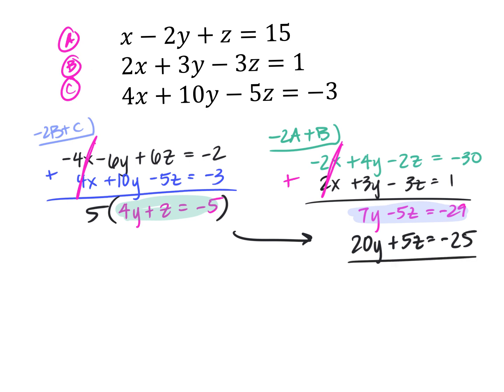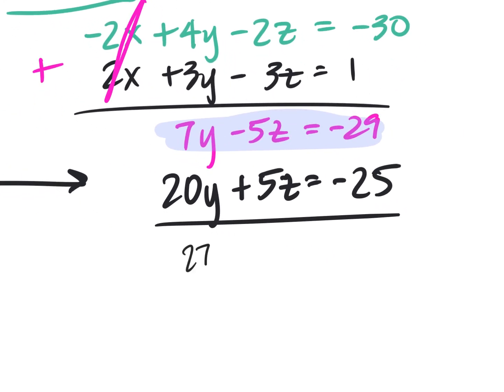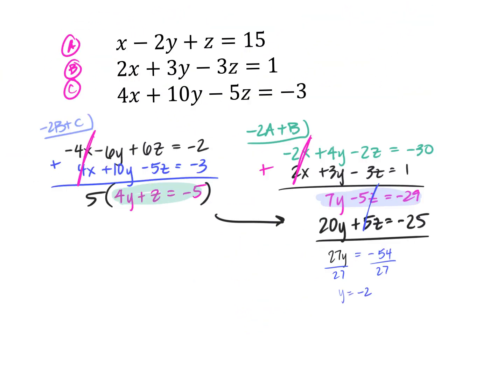Add them up. 27Y equals -54. Divide by 27. Is that nice? Oh, hallelujah. You guys, I got my Y is -2.